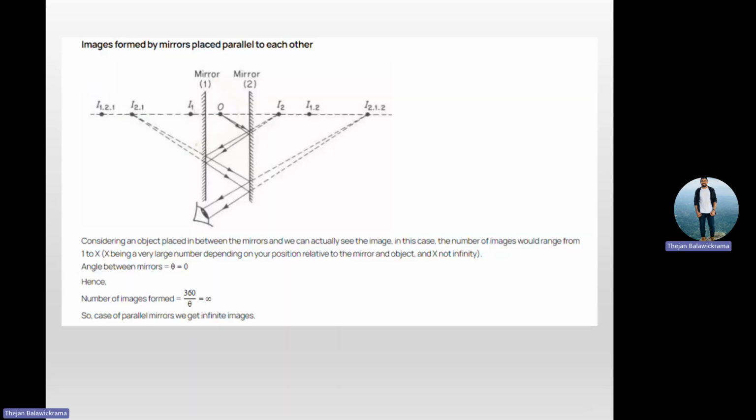What happens if the angle between the mirrors goes down to zero? Then the number of images is angle divided by this thing, which should be equal to infinity. There can be multiple images forming in between.